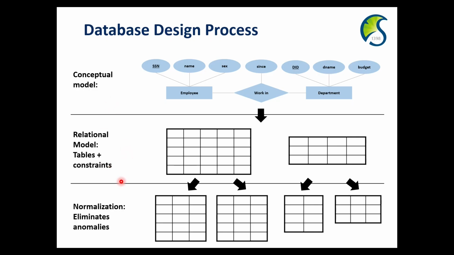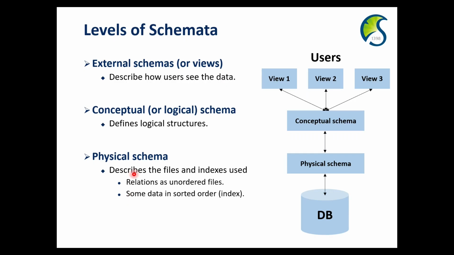This is a more detailed database design process. Finally, we can split the overall database system into multiple different levels of schema. For the users, we can use the external schema. This external schema is also called views, and by using the views, we can access the database.